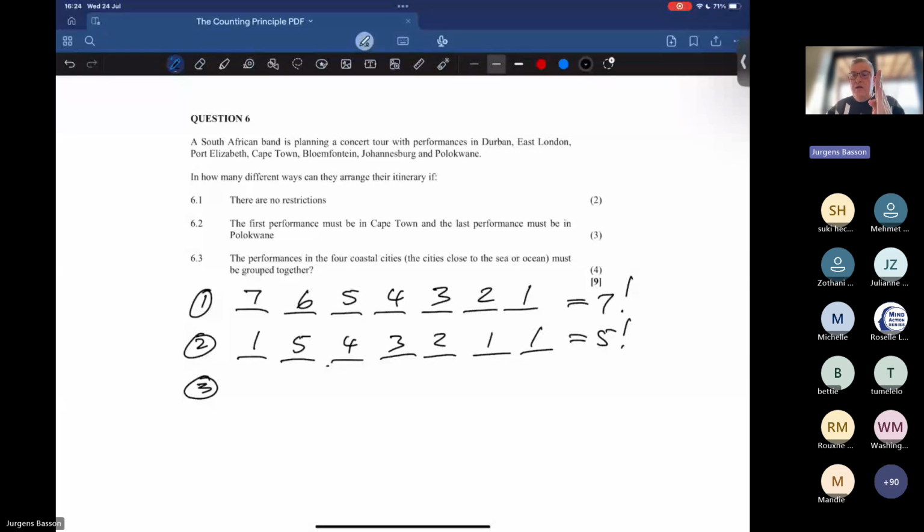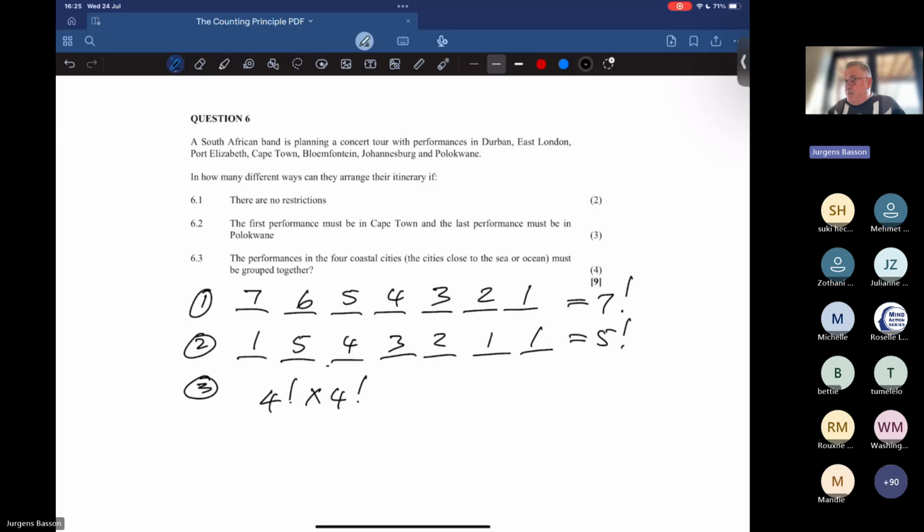Count as 1. Bring the other 3 cities, 4 factorial. So the answer for this last one, 4 factorial times 4 factorial. Please take note, there's only one group, only the coastal cities is in a group. That is 4 factorial, which you count then as 1. And then there's still another 3. You bring that to the 3 plus the group, and that gives you 4 factorial. And they just calculate that.